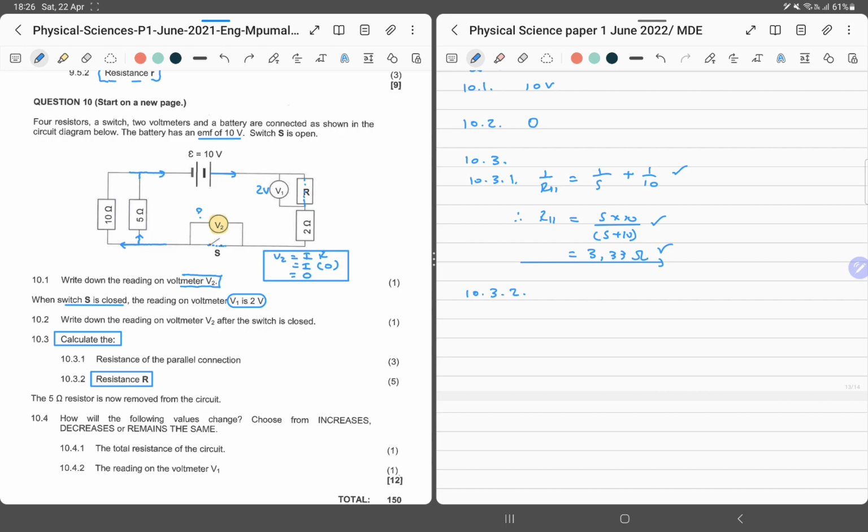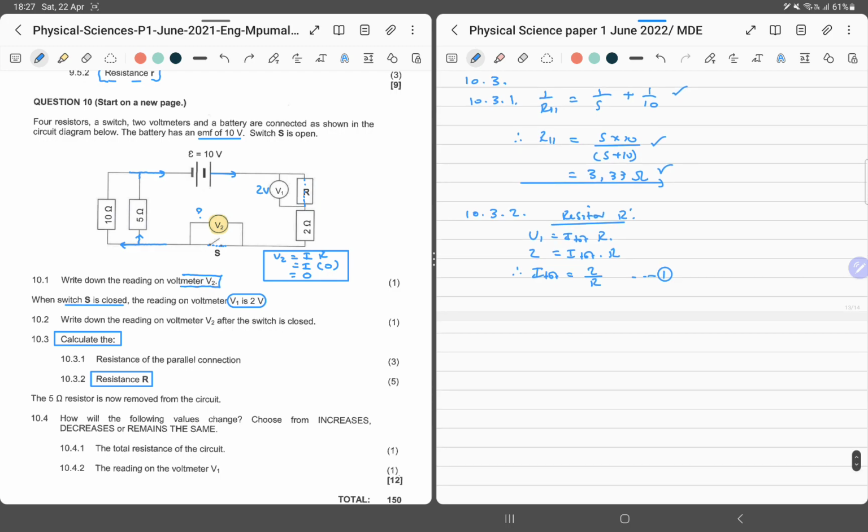So let's see. I think we will need some sort of simultaneous equations here. If we look at the resistor R, what can we learn here? We will learn that V1 is equal to I tot times R. Now this is 2 equals I tot times R. Therefore, if we want the total current, we will see that it is going to be 2 over R. We can make this equation 1. Okay, we make that equation 1. Now, what else do we know?